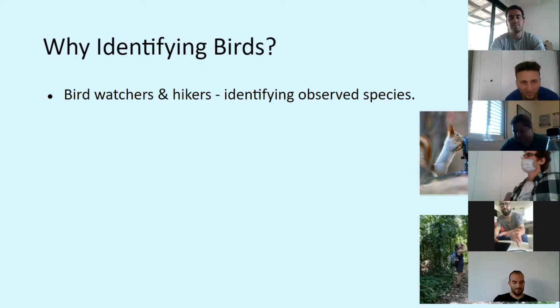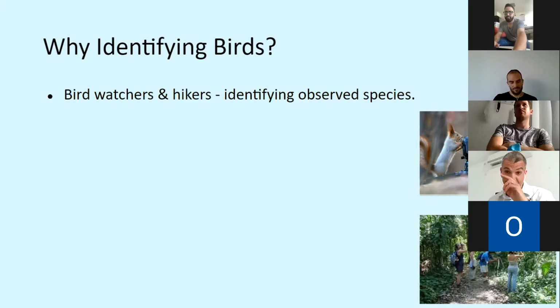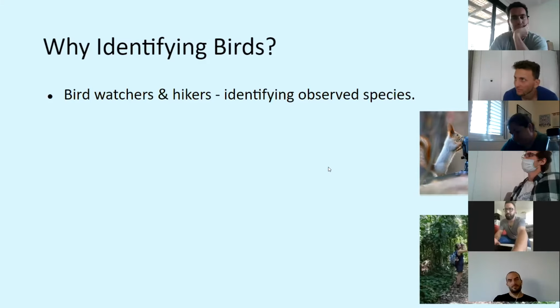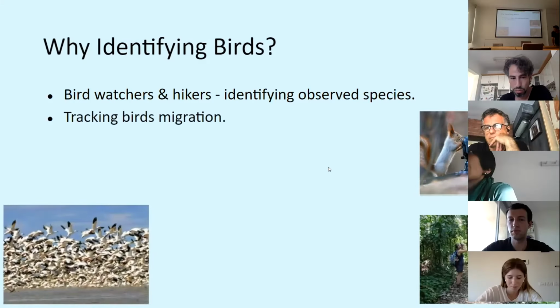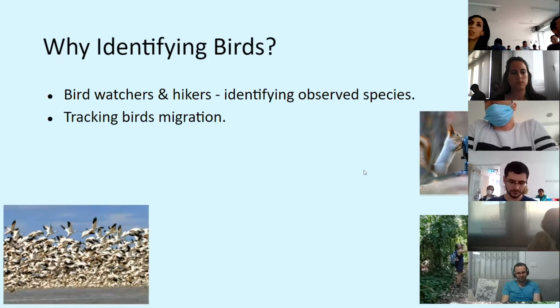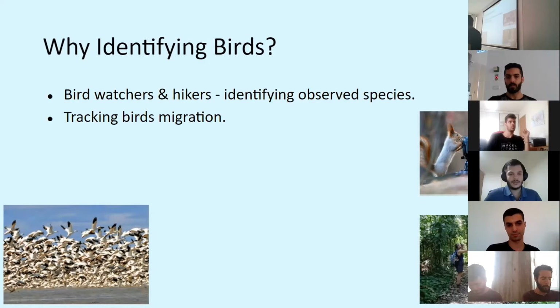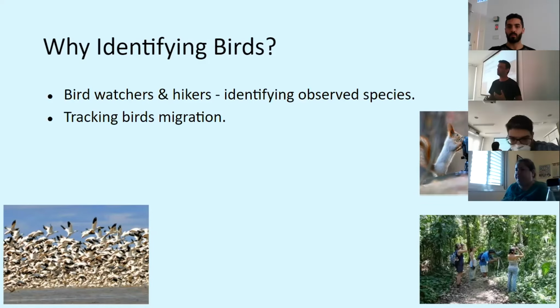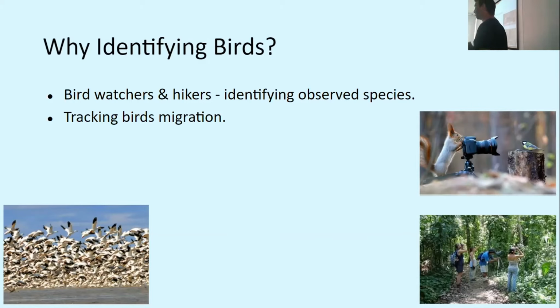There are actually few apps that do it for birds; for plants, I guess it's more popular. But there are also other applications that can be more important, I would say. First is tracking bird migration. That's something I wanted to pursue, but I contacted all these bird watching stations in Israel, and it was quite hard to get data.